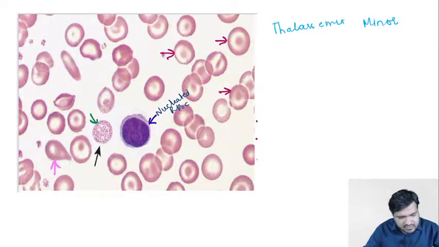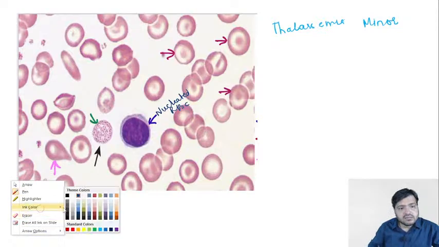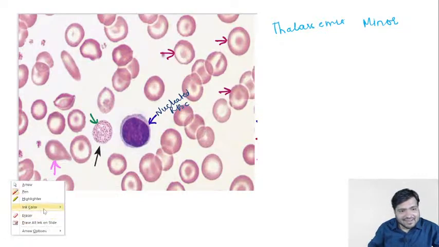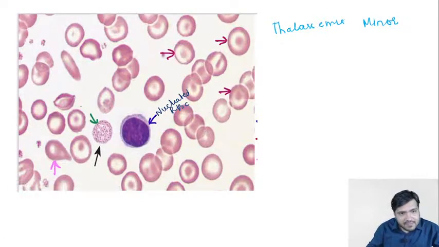Apart from that, guys, you can very well appreciate in green the basophilic stippling. In green, the basophilic stippling, and yes, I don't have the green color. It's the basophilic stippling. You can very well appreciate it in this particular image.